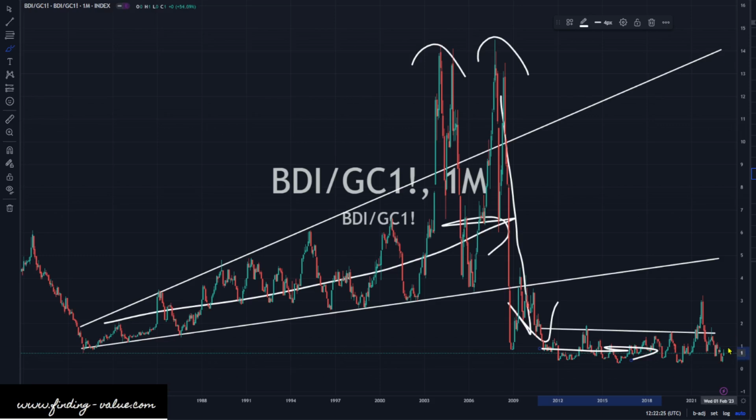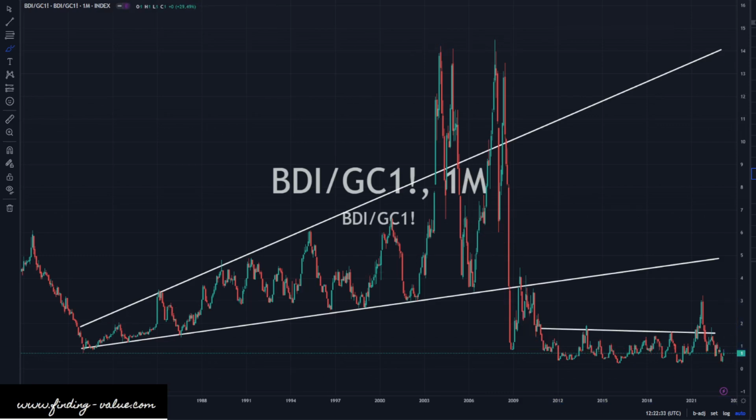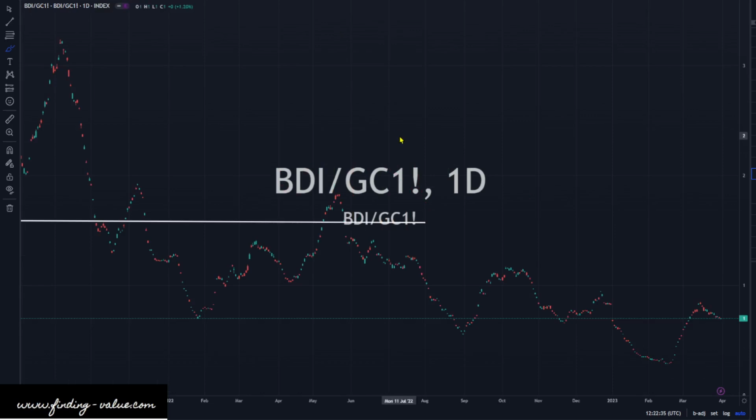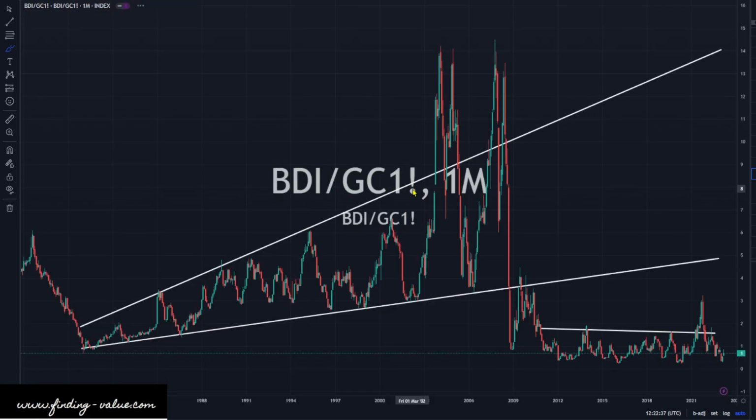We're still in that period of getting crushed. And hopefully this can come back up over time where we see an outperformance of the Baltic Dry Index versus gold. And I don't know if we will. I mean, we'll see what happens there. We're going to have to produce more commodities, and it makes sense that the Baltic Dry Index would outperform gold for a period of time.